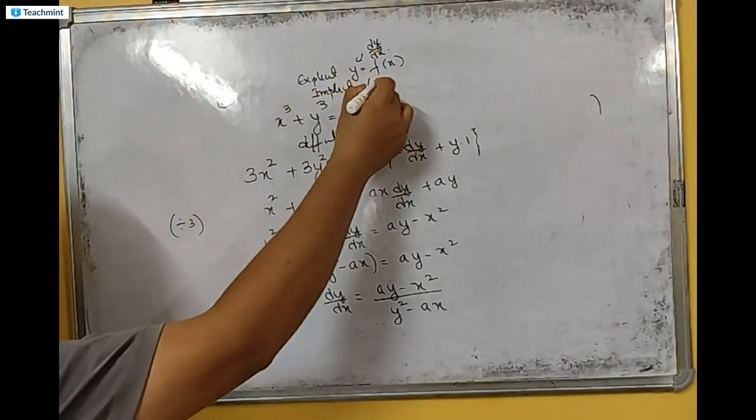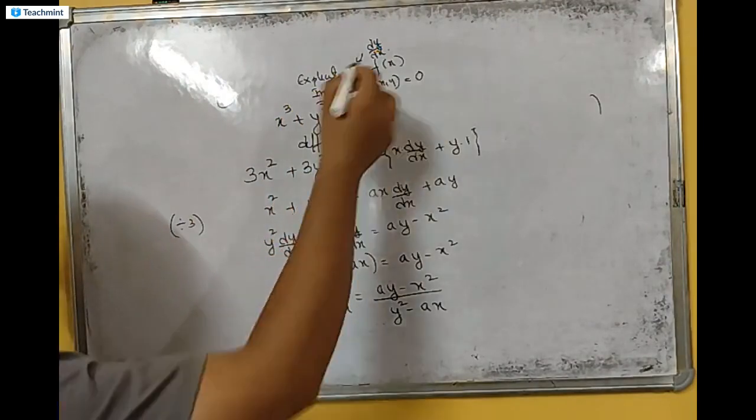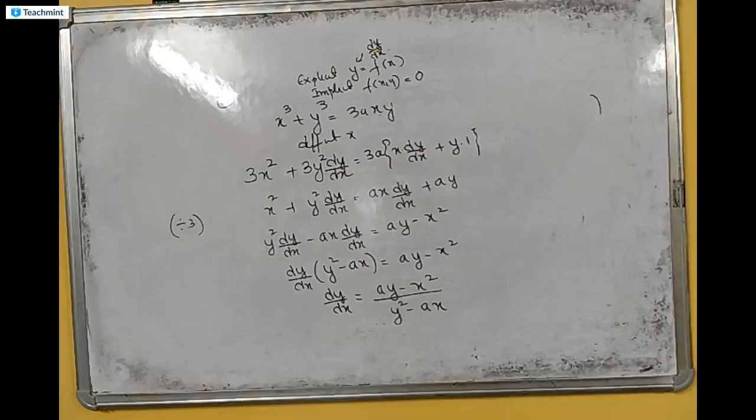Implicit means x and y will be together. So please be aware that you will get a short answer question from this particular topic, and this is called an implicit function. What is this called, everyone? Implicit function. Is it clear?